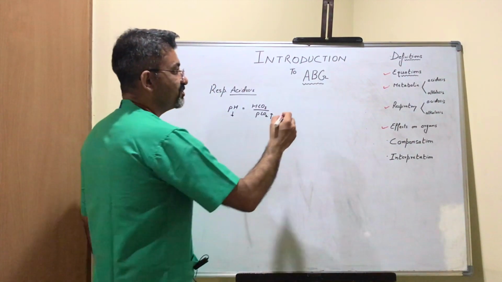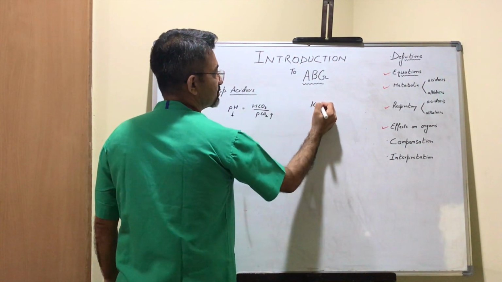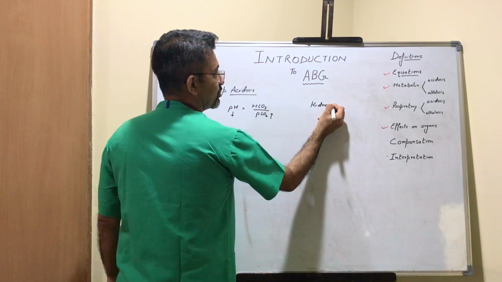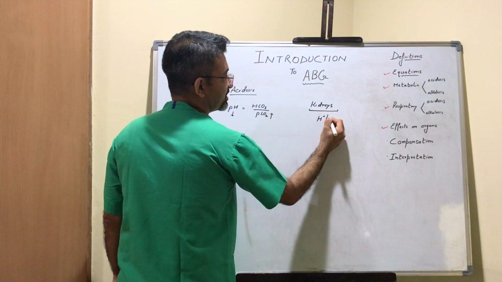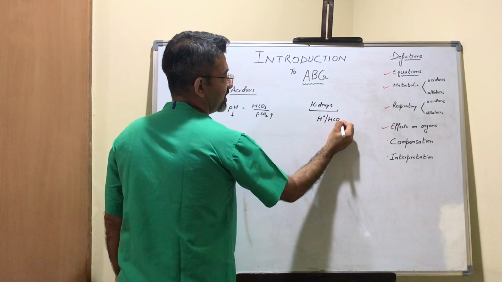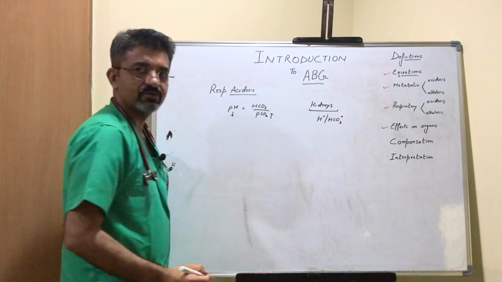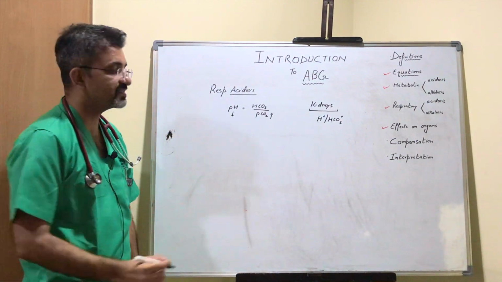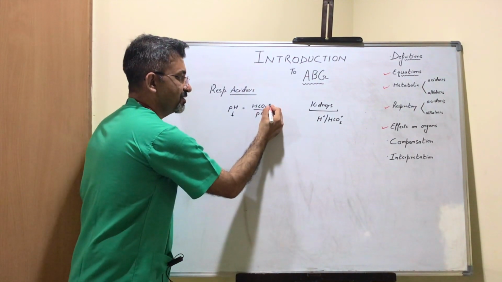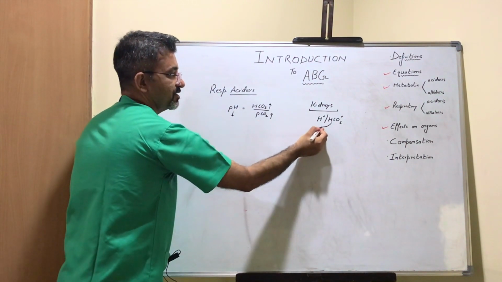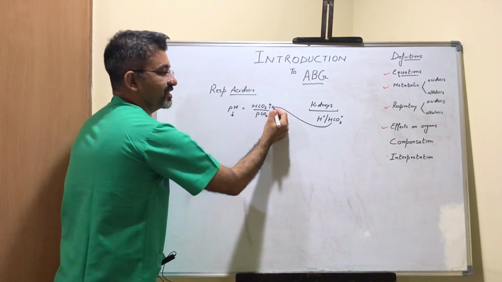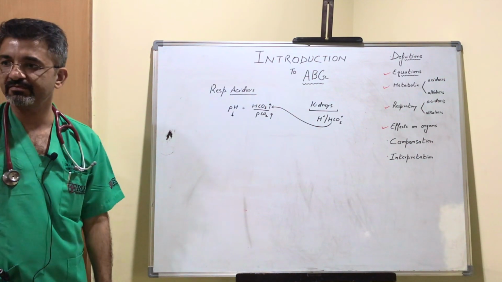So the compensation now will be done by the kidneys. What compensation should they do? Kidney filters both HCO3 as well as H ions. So the kidney will try to preserve HCO3. If my kidneys preserve HCO3, my absolute HCO3 concentration increases in blood.